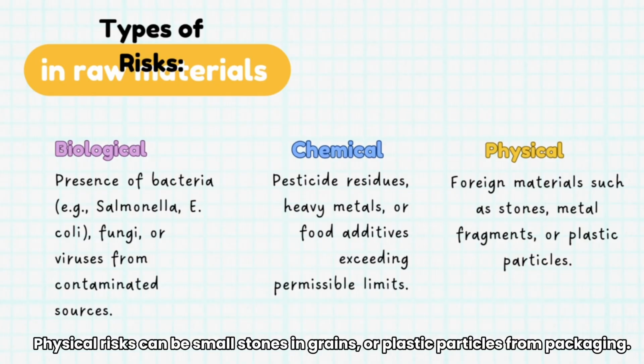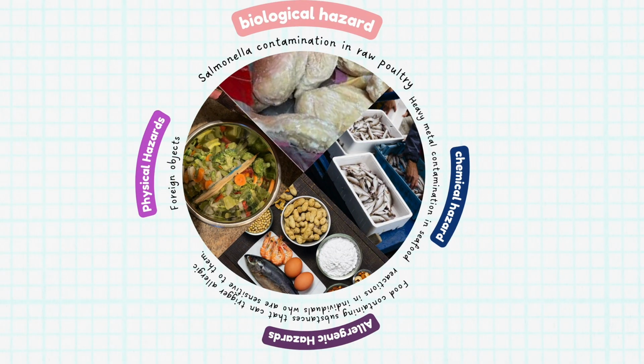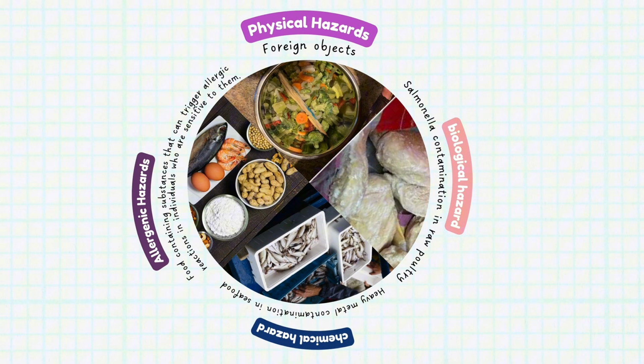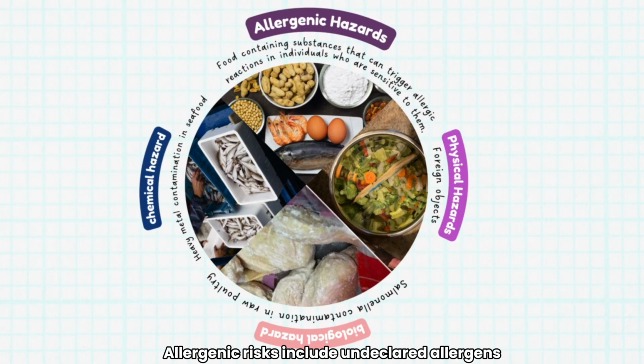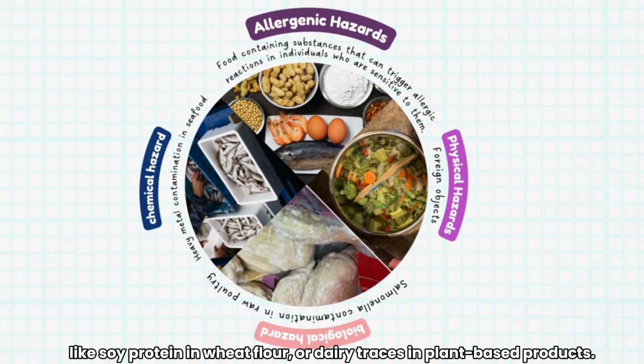Physical risks can be small stones in grains or plastic particles from packaging. Allergenic risks include undeclared allergens, like soy protein in wheat flour or dairy traces in plant-based products.